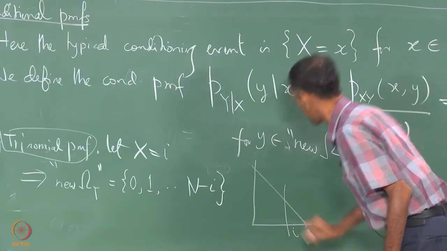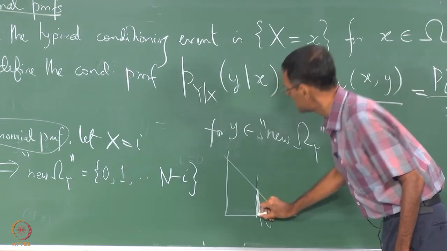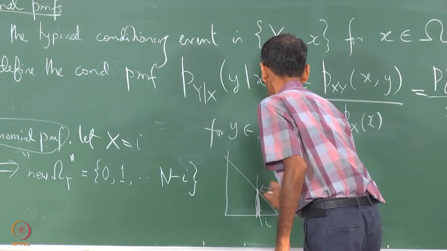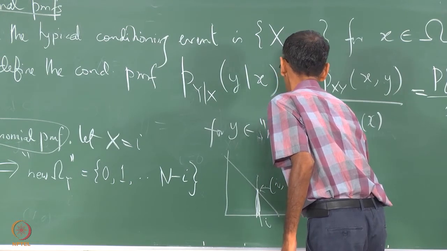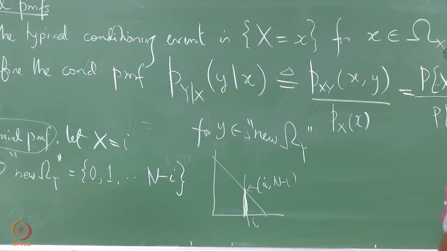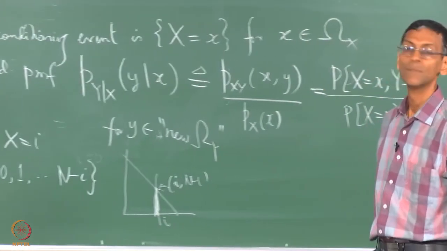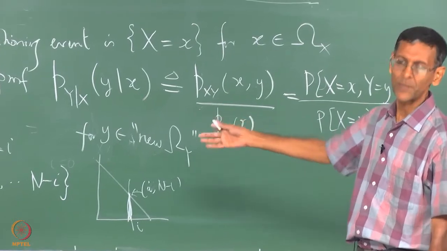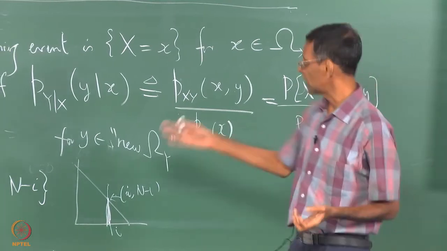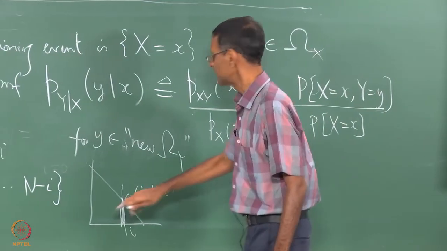If I say X is i, this particular i, I only have this much freedom for y, and so here I have the point i comma n minus i. I do not have the full freedom of allowing y to vary from 0 to n. Incidentally, this nu omega Y is my notation and you will not find it in books, but I have to call it something, so I am calling it that.